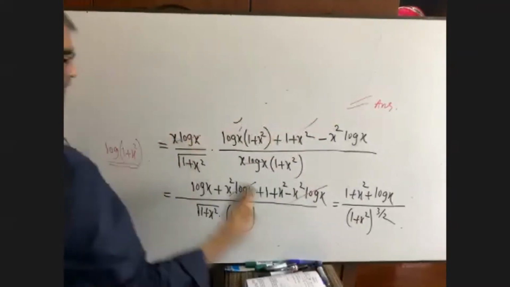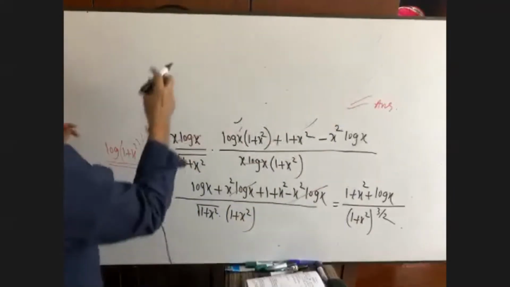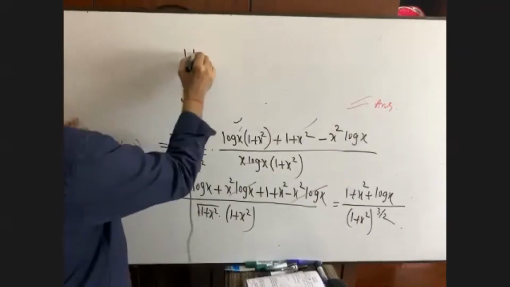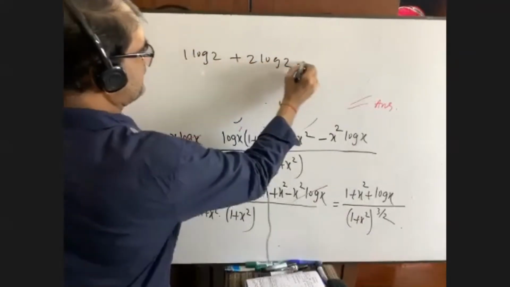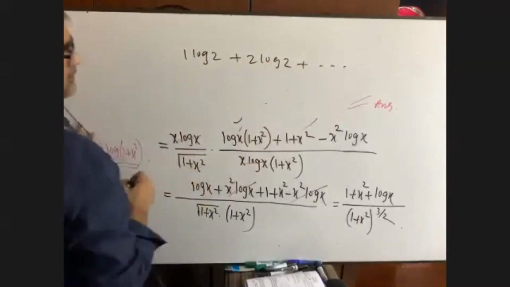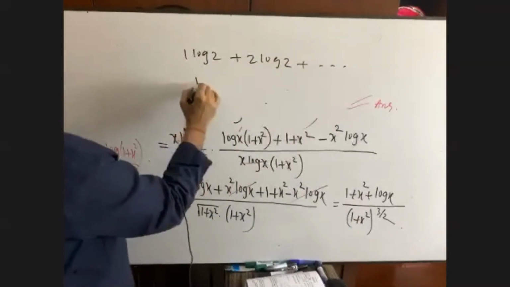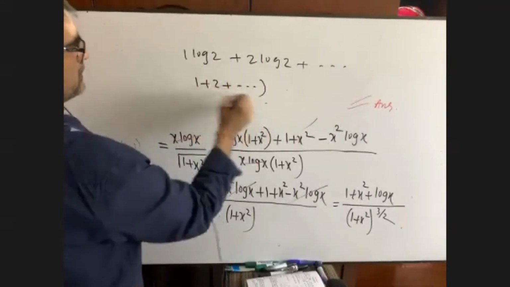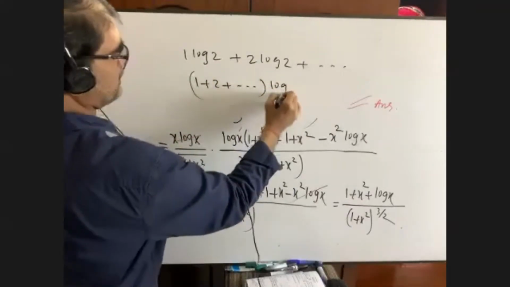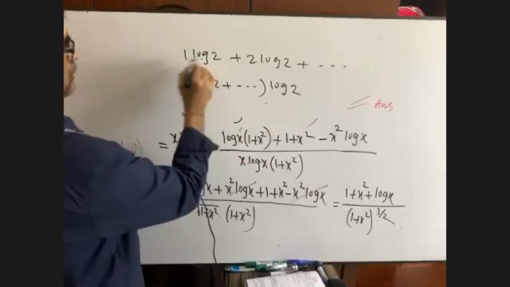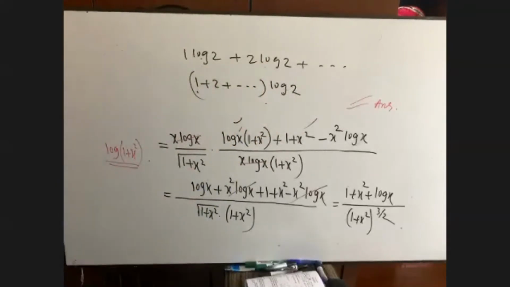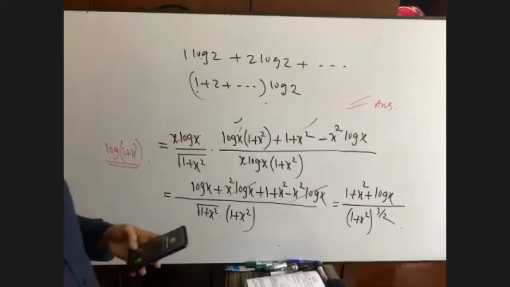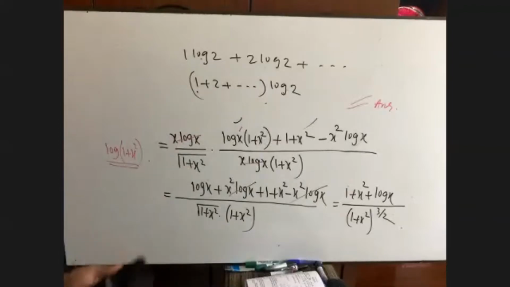Suppose in class 9-10 you did a math like 1 log 2 plus 2 log 2, this type of math there was, right? Then what you did, 1 plus 2, can you remember? Log 2 into 1, log 2 into 2, this type of math, okay? Have you got it?